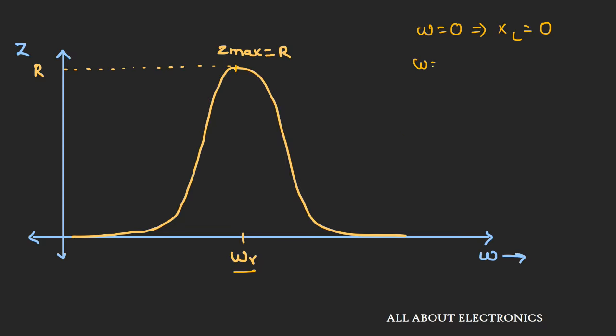Similarly at omega equal to infinity, if you see, this term XC that is equal to 1 over omega C will also be 0. So that is the reason at lower and higher frequencies the impedance is minimum, while at resonance condition, if you see, the impedance will be the maximum, and the maximum value of this impedance will be R. So at resonant frequency, the impedance of the circuit will be purely resistive.